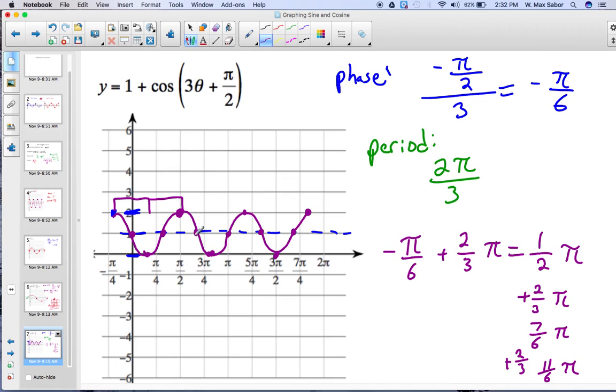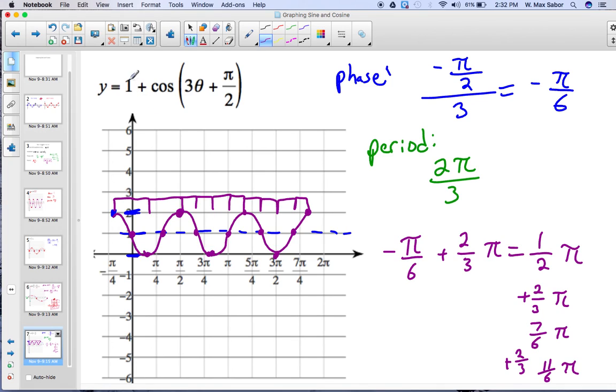Or if you wanted to find where each equilibrium point is, you could divide by 4 and go right pi over 6 each time. Each time we go right pi over 6, we're switching from maximum to equilibrium to minimum to equilibrium to maximum, etc. So this is how you graph sine and cosine graphs with phase shifts.